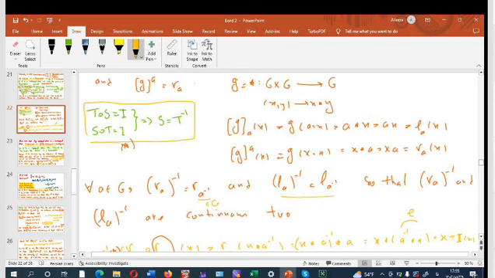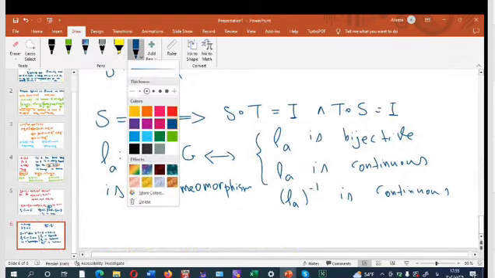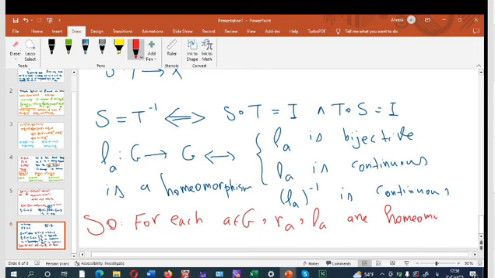We have this equality too, so that for each a in G, these two functions are homeomorphisms.